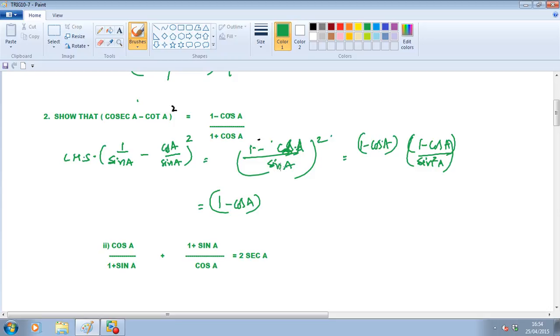The denominator is sin A square, that is sin square A. So we have to show that (1 minus cos A) divided by sin square A is equal to 1 by 1 plus cos A. That we have to prove.